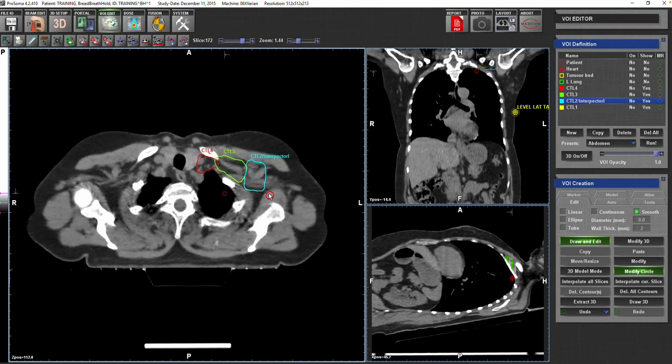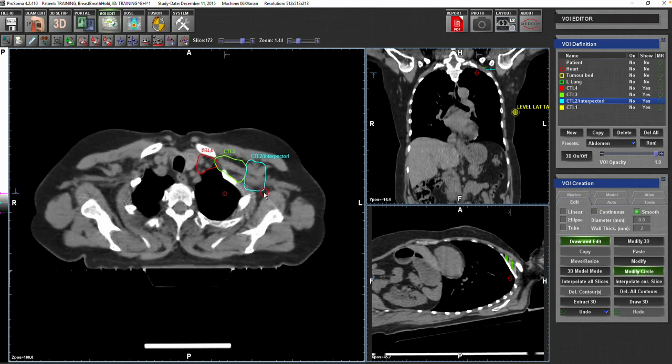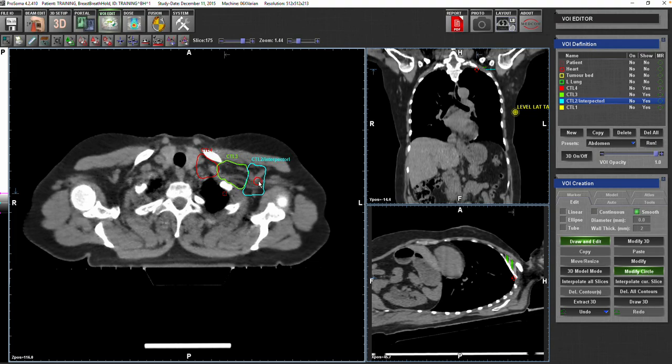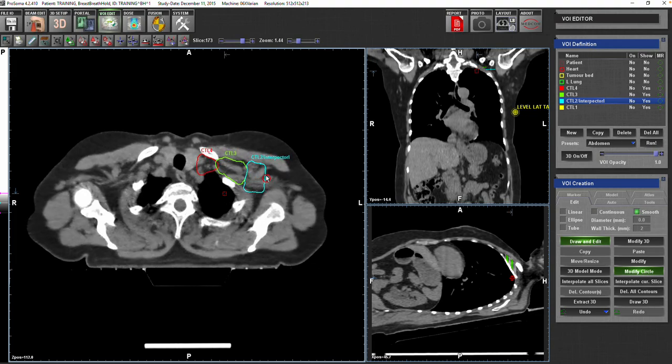So when the artery crosses the lateral edge, you may tell me maybe it's this cut here, maybe it's one cut above, but it's definitely around this area, because if this is the artery going there, then when it crosses the lateral edge of the muscle, you can start drawing level CTL1. And level CTL1 is also so easy, because the medial border will be level 2, as we can see.